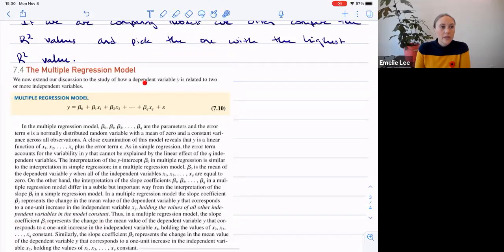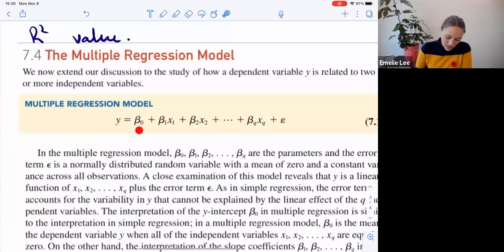So now we're going to talk about having two or more independent variables. So in general, what we have is some beta naught. So we still have some intercept, right? But now when we're looking at x1 and x2, it gets a little messy, especially when we go up to xq, right?